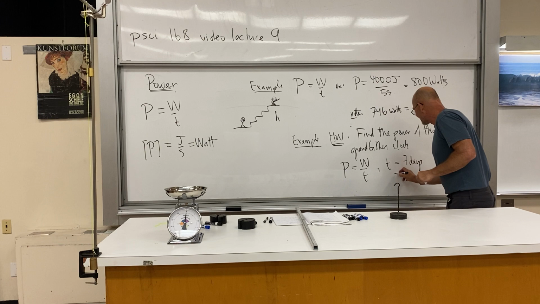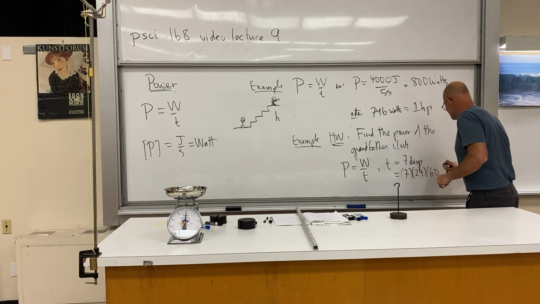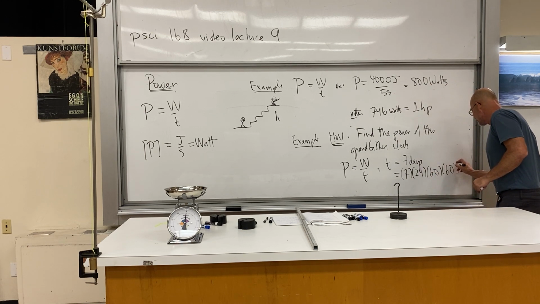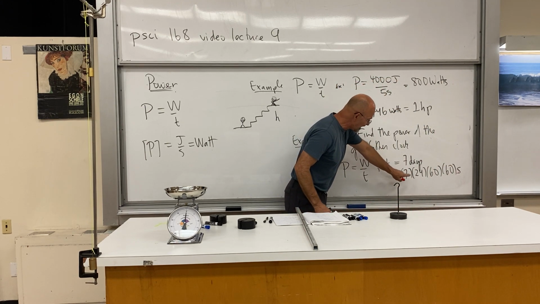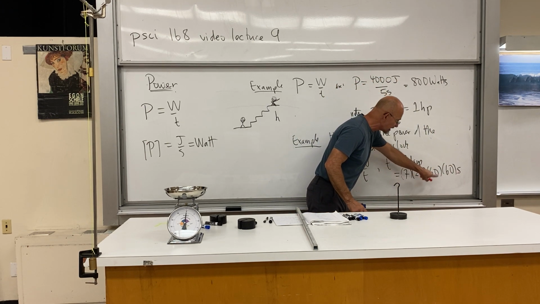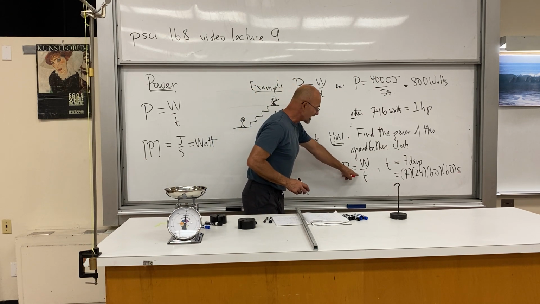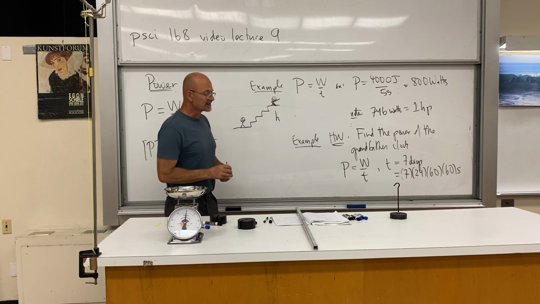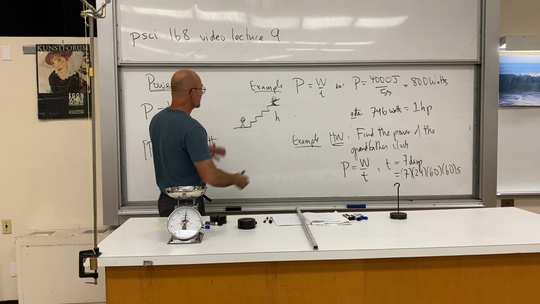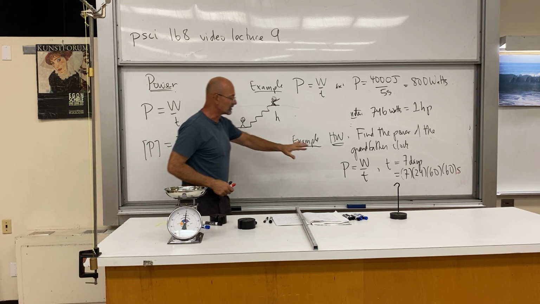So that's 7, and there are 24 hours in a day, 60 minutes in an hour, 60 seconds in a minute. So you have to multiply out this large number, 7 times 24 times 60 times 60. That's the number of seconds in a week. That's what you divide by. You're going to get a very small number. Surprisingly small, because that grandfather clock is bigger than you are, and it's running at such a low power.